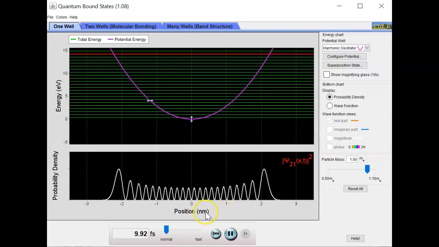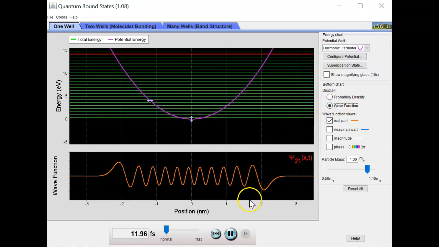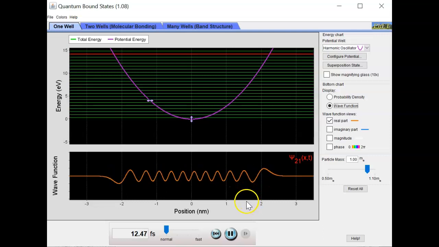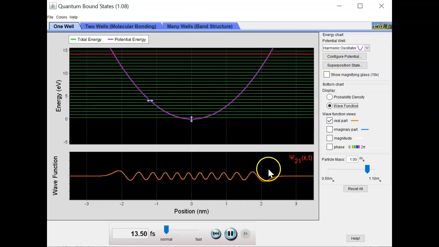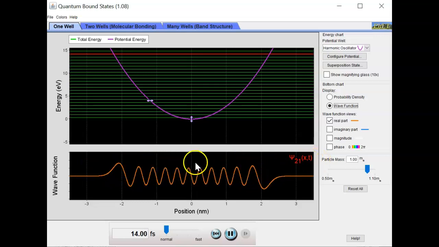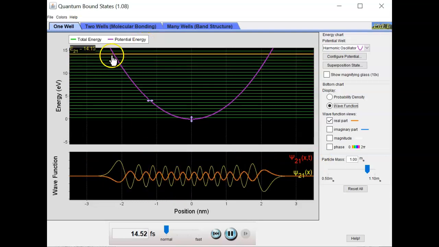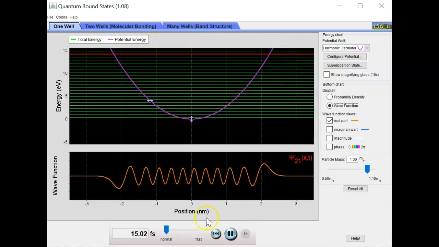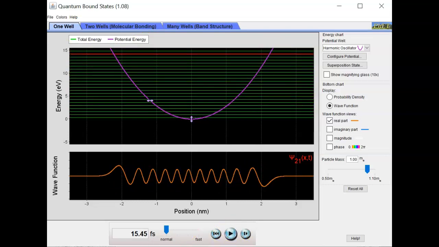Not really, because it isn't necessarily the case that the particle starts here and goes back and forth. This is our probability distribution. If I switch to the wave function, we see that we really have to think about our energy eigenstate as being spread out over this whole well. It is not the case that in time it starts at one corner and then rolls up to the other. That's just not what's happening.